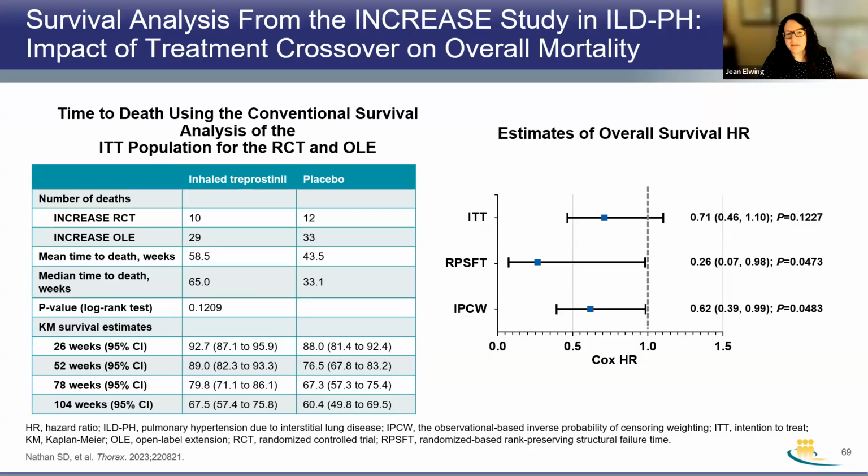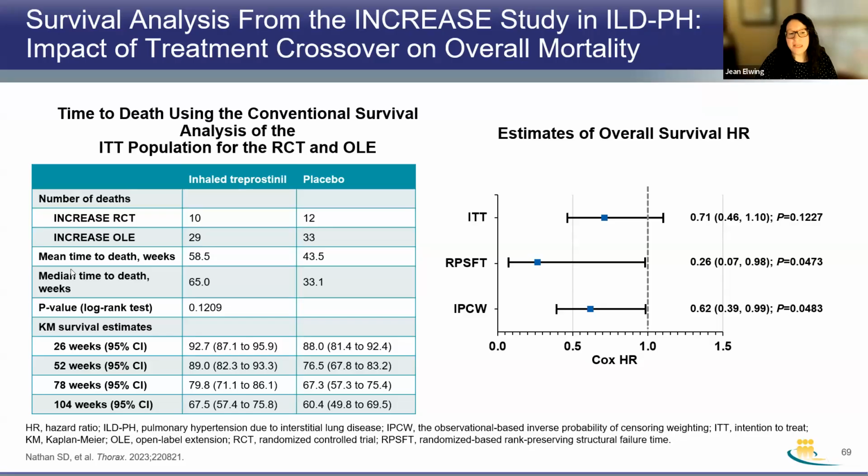What about mortality? Well, mortality is something that we're always looking for. We want to show that we can not only impact how far patients walk, their BNP, or other parameters, but can we actually impact how long they live? And there are some signals in the INCREASE study that we have longer time to death in those patients who were exposed to inhaled treprostinil.